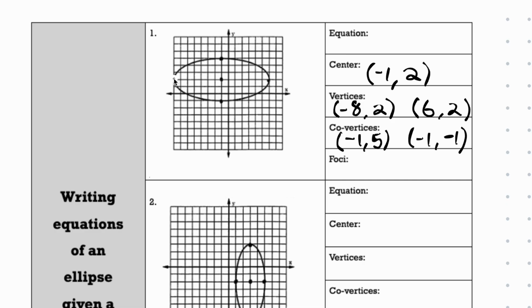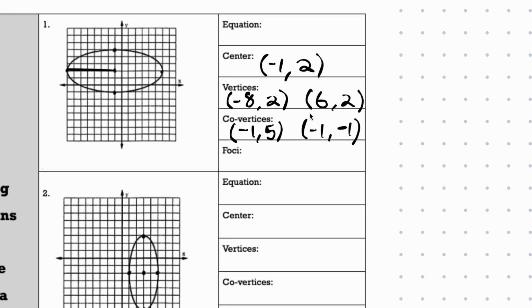So this length is going to be equal to our a value. And that, if we count that out, it should be 7. So I'm going to write this off to the side. A equals 7. Our b value is going to be 3. It's going to be this length.